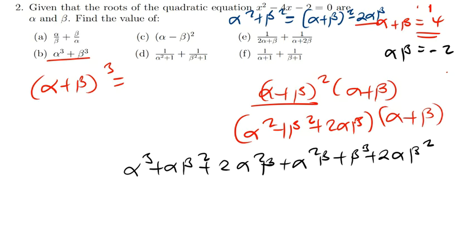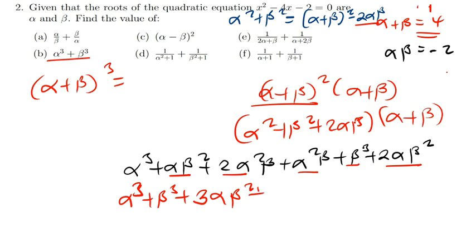Now the things that are raised to the power 3, put them together. So this and this, they will be here. Then there's also this guy here raised to the power 2, and also this guy raised to the power 2, so they can be added, and I'll end up having 3 alpha beta squared. At the same time, this guy is raised to the power 2, and this guy can also be added, and we'll have 3 alpha squared beta, like that.